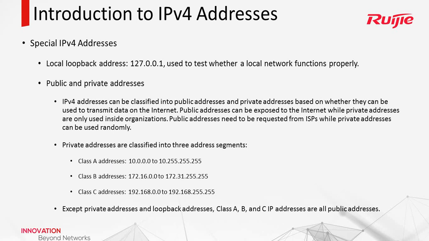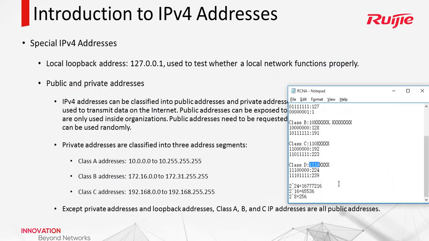But maybe you will ask, how can I judge whether this is a small or medium network? Don't worry, I can give you a hint. Normally, if you use a Class A IP address, for example, you use the first 8 bits for the network ID, and so of course the 24 bits will be the host bits.